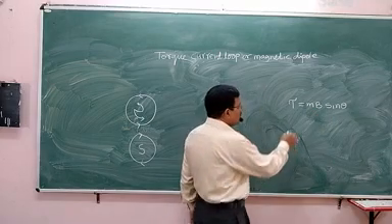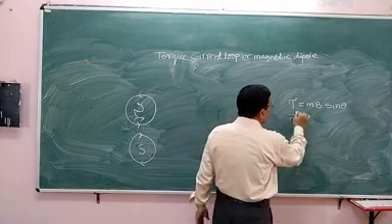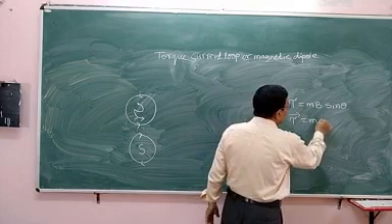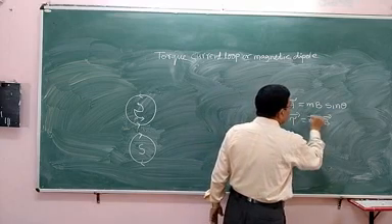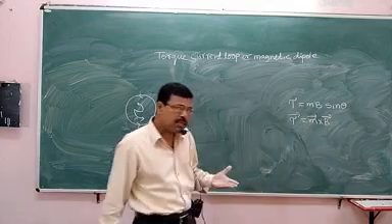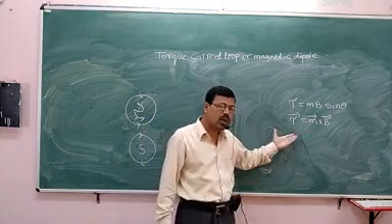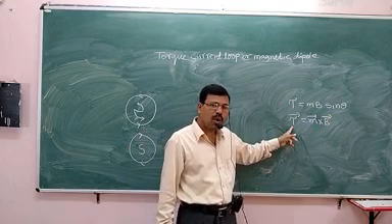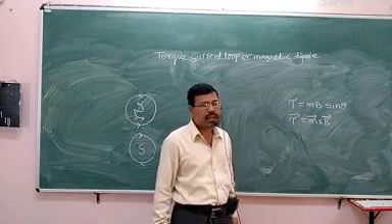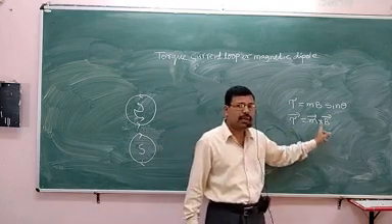In vector form, we can write this as torque is equal to M cross B, where M is magnetic moment, B is magnetic field, and tau is the torque. The direction of torque is perpendicular to the plane containing M and B.